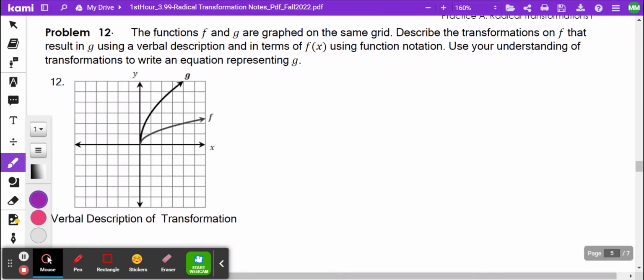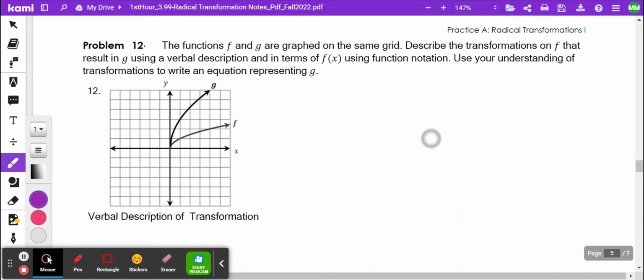For this one, we first want to observe what the original change is. So if we look at this, it went from just the original f here to being stretched upward. And if we look by how much, it started at 1, but then it went all the way up to 3.